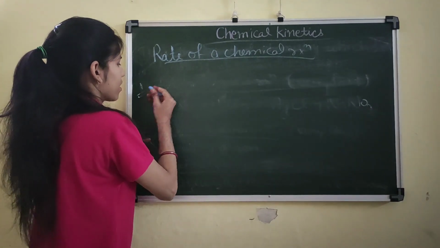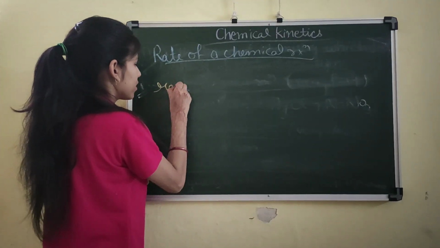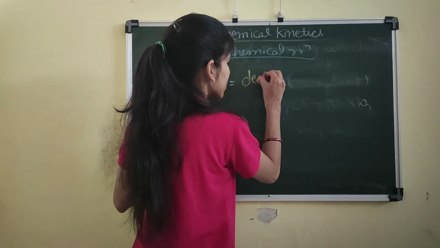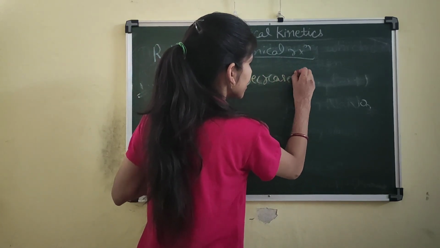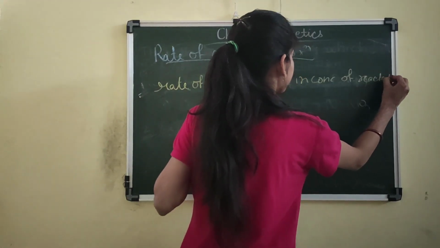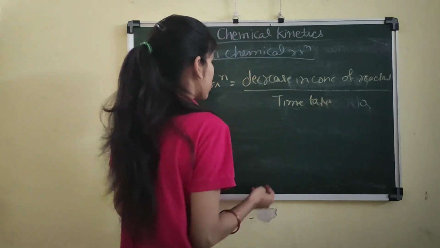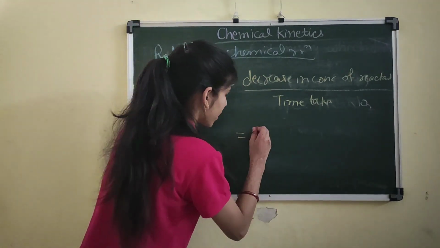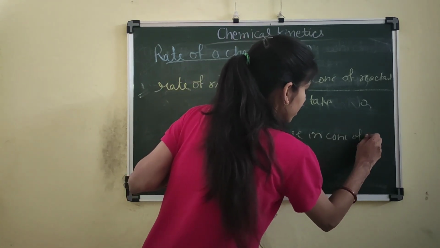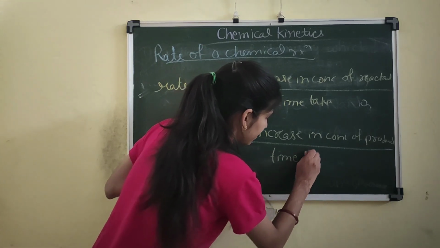Like that, rate of reaction is equal to decrease in concentration of reactant divided by time taken, or rate of reaction will also be equal to increase in concentration of product divided by time taken.